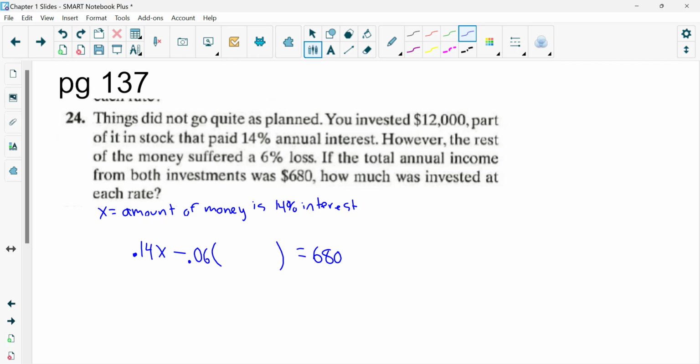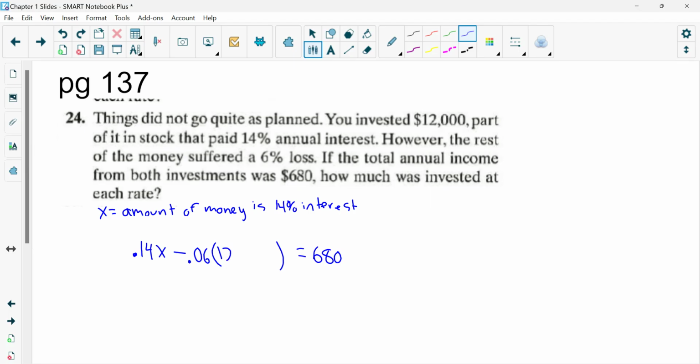Now, we can't put an x in there because x represents the amount of money in the 14% interest, and we're talking about the amount of money we put in the 6%. But what we do know is that we start with how much money? We start with 12,000, and whatever we didn't put in the 14%, we put into this 6% loss. So how can I write whatever remains?